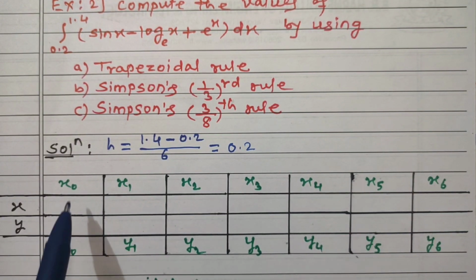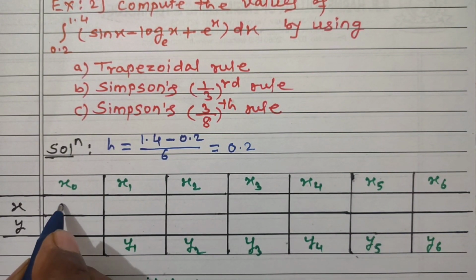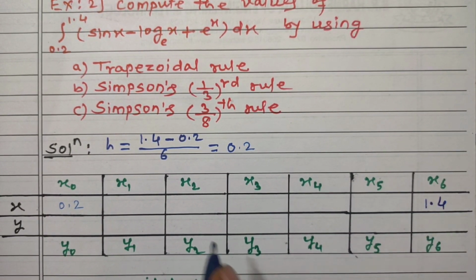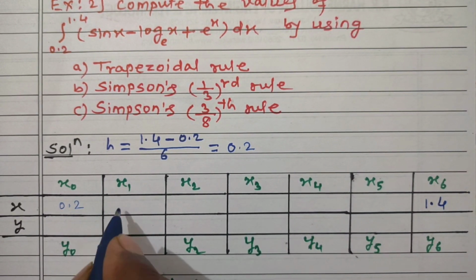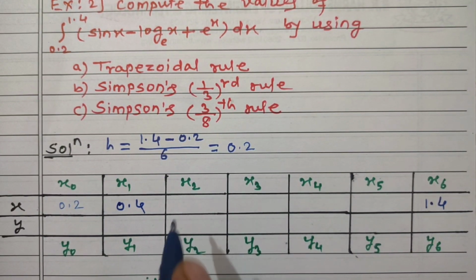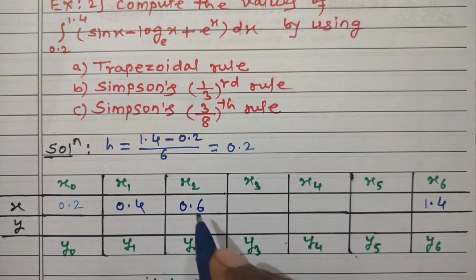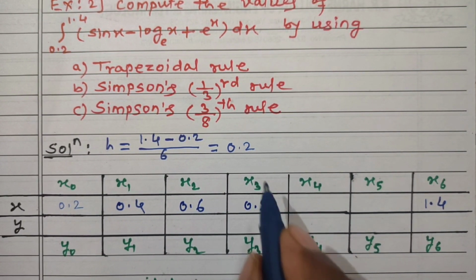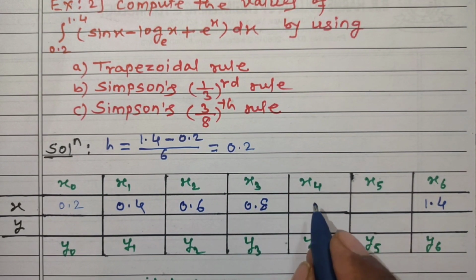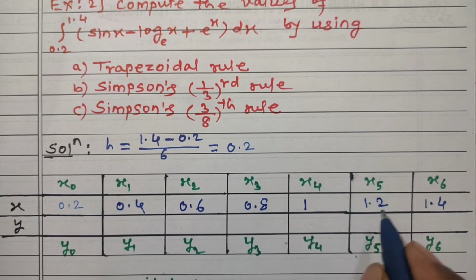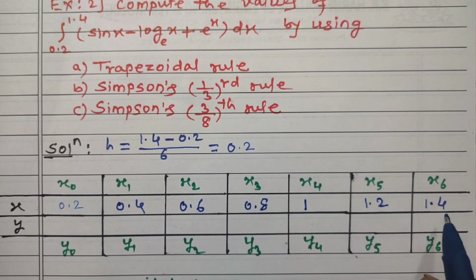Prepare a table like this. x0 is 0.2 and x6 is equal to 1.4. h is 0.2. 0.2 plus 0.2, that is x1, 0.4. 0.4 plus 0.2, that is x2, 0.6. 0.6 plus 0.2, that is x3, 0.8. 0.8 plus 0.2, that is x4, 1. 1 plus 0.2, that is 1.2. 1.2 plus 0.2, that is 1.4.